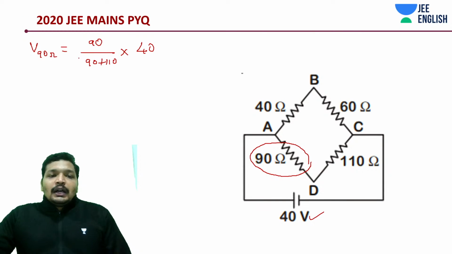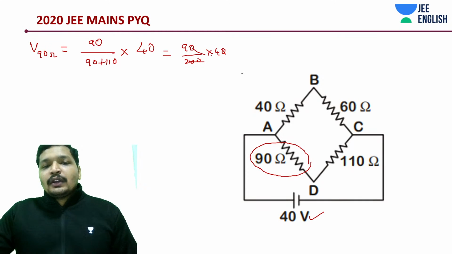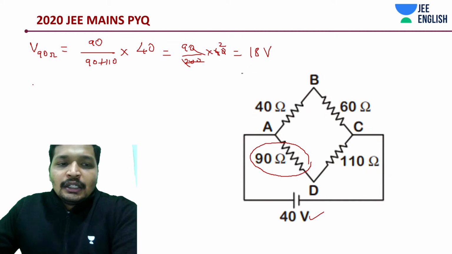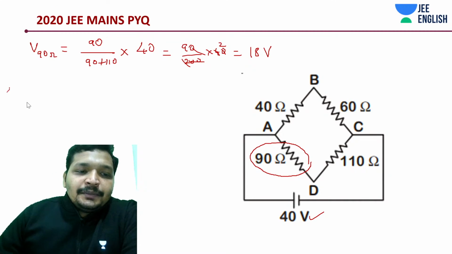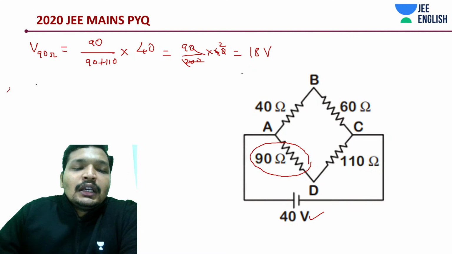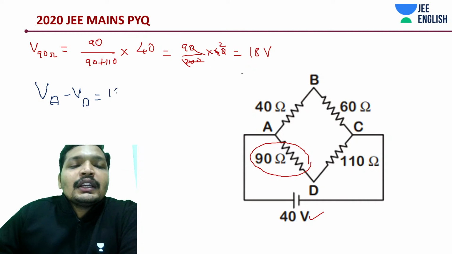Okay, and this is like 200. It's basically 90 divided by 200 into 40, which is very easy. You cancel out these things and you have 2, you're going to get 18. Okay, so now you have the equation, which says VA minus VD is equal to 18 volts.